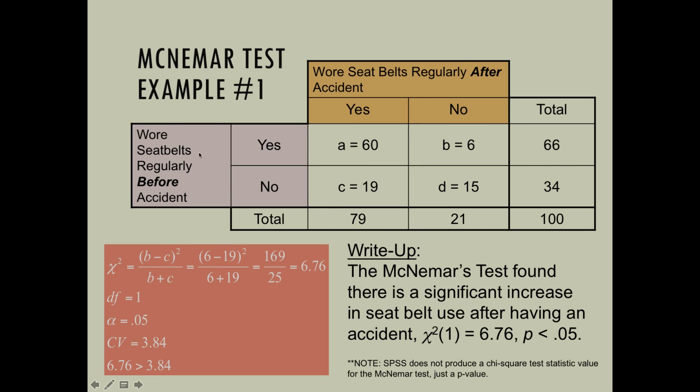So this is the same example, just with more numbers. So after we entered all that data, SPSS told us there are 60 people that said that they used their seatbelt after an accident and before the accident. There were 19 that did not use it before the accident, but did afterwards.